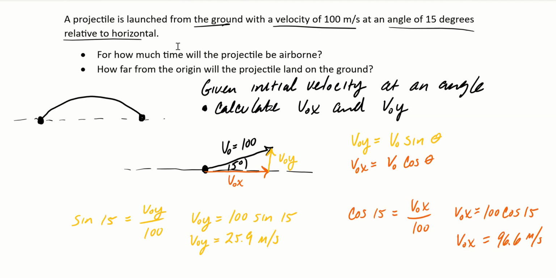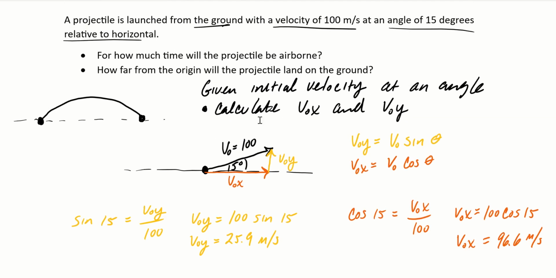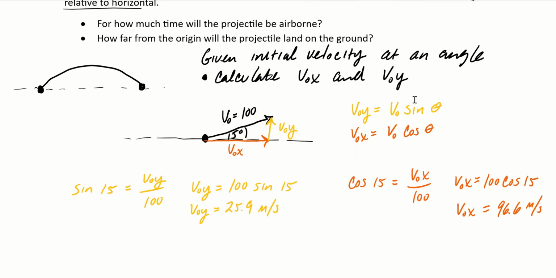Okay, any angled projectile problem, you're going to have to do something like this. Okay, and you can draw out your picture, but these are the formulas that you're going to be using to figure out these components, and this is how they're generated.